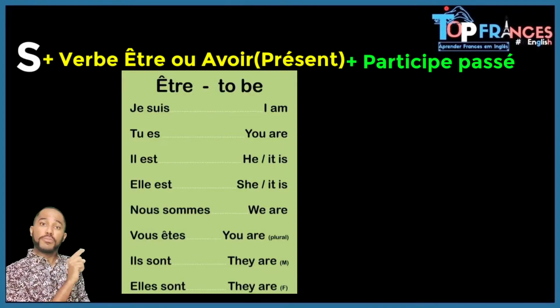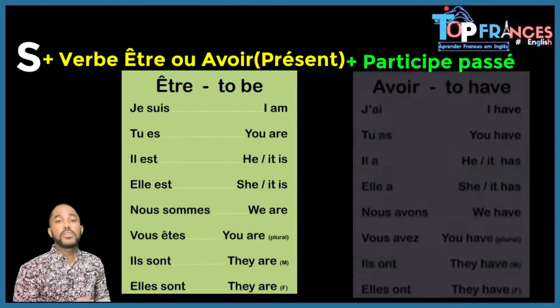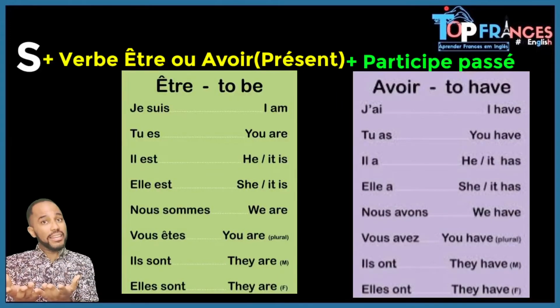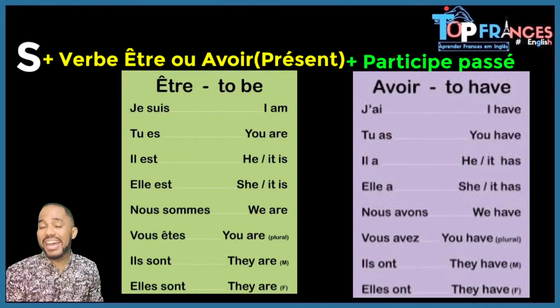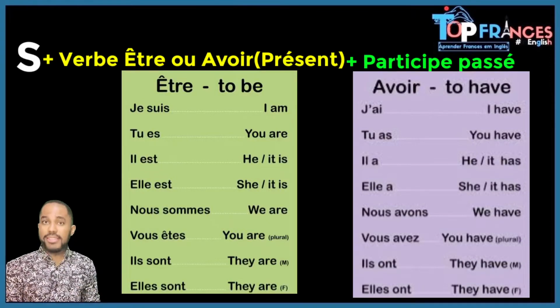Now, for the verb to have, le verbe avoir: j'ai, tu as, il a, elle a, nous avons, vous avez, ils ont, elles ont.